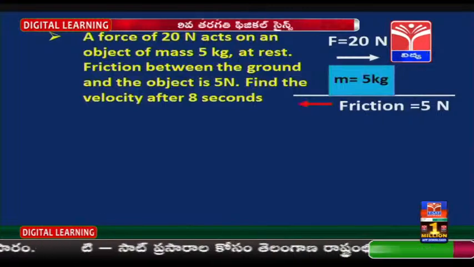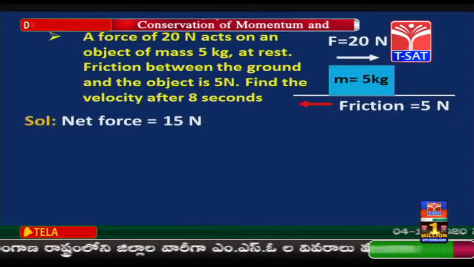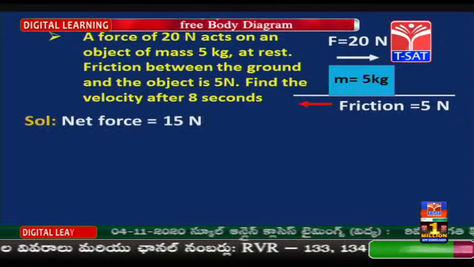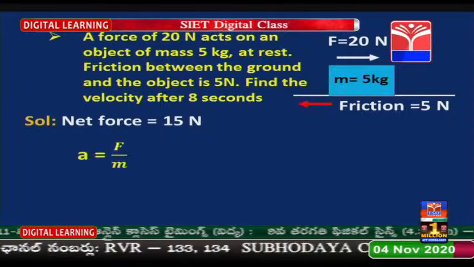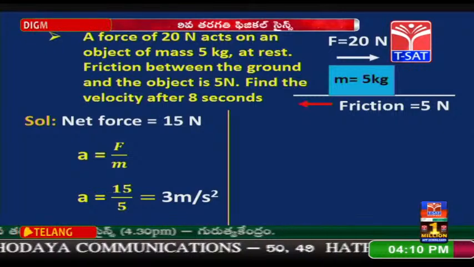Children, let us make this question a little more complicated by asking a few more quantities. In the same question, we should find the velocity after 8 seconds. Now, we know that the net unbalanced force is 15 Newton. From that we found the acceleration, that is 3 meter per second square. Let us find the final velocity.